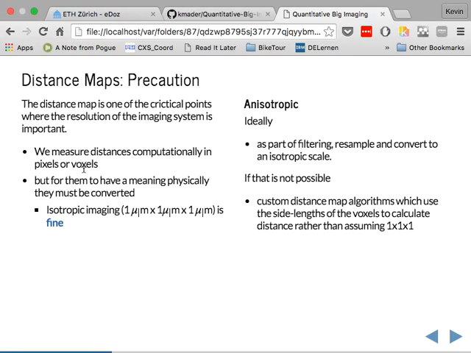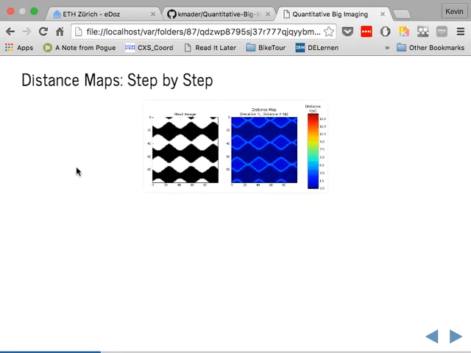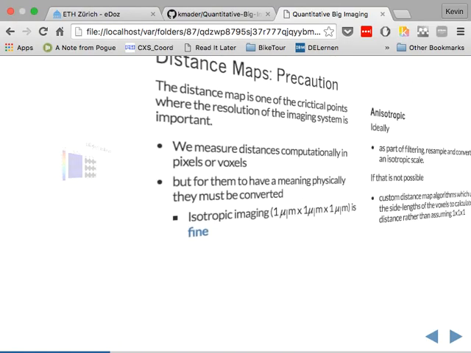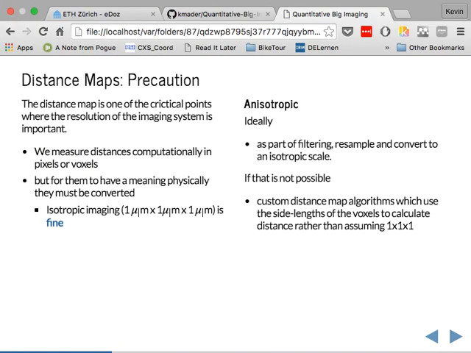When you do experiments with certain types of microscopy or MRI imaging, many times you don't have isotropic voxel sizes. And this means that when you make a distance map that's measuring the distance in pixels or voxels in your image, you actually have a distance that can't be translated to a real world value.